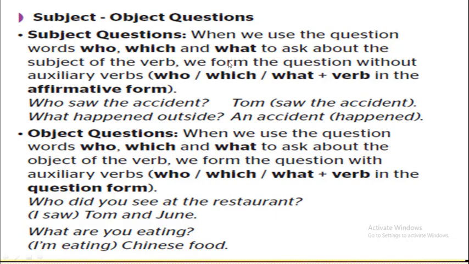And we form the question with no need of any auxiliary verb. So, the form will be who, for example, plus a verb, and the verb is in the affirmative form with no need for any inversion.